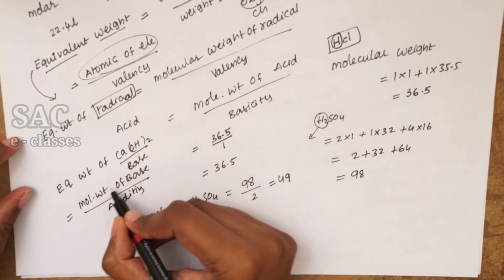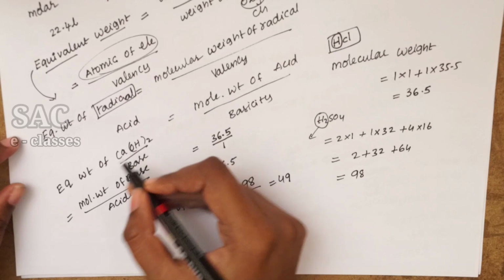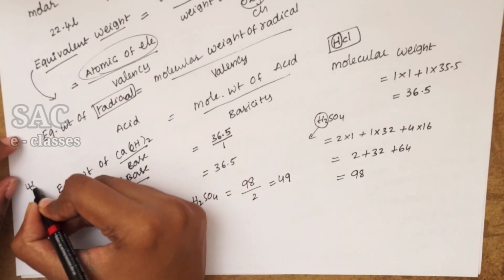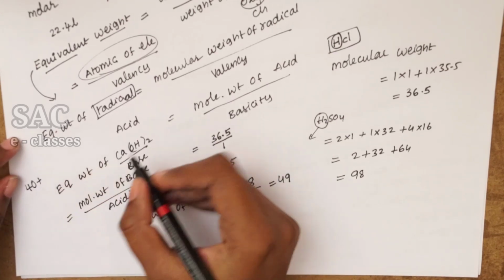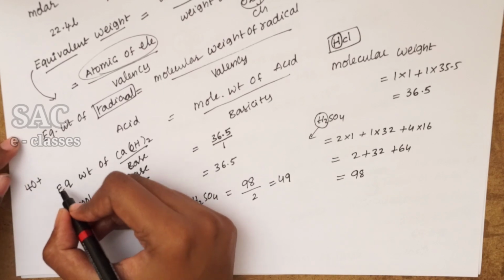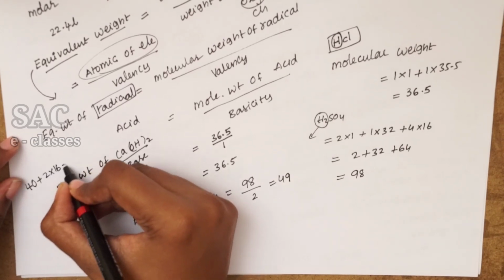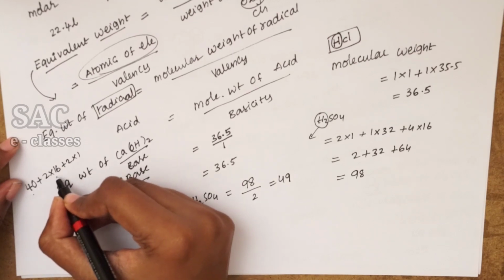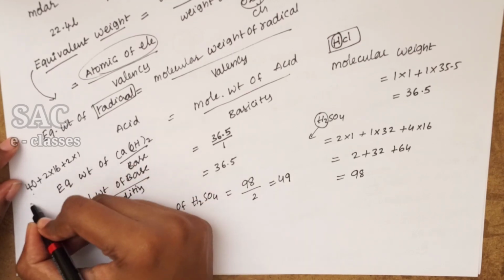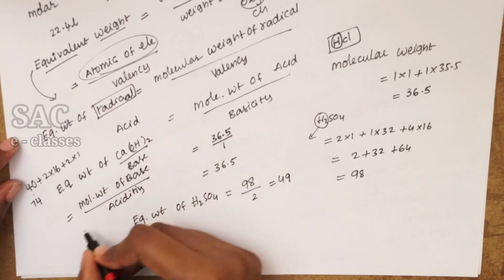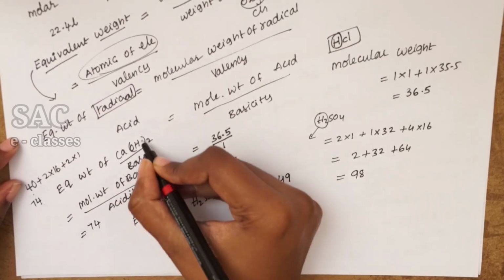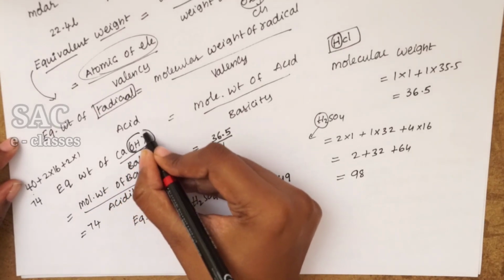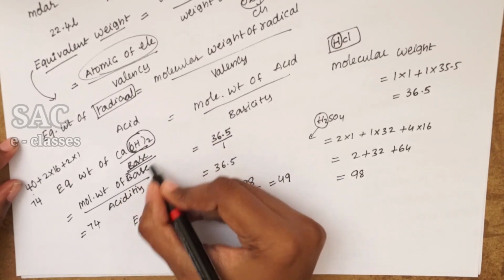What is the molecular weight of calcium hydroxide? We know calcium is 40, 2 hydrogens are there, 2 oxygens are there, so 2 into 16 plus 2 into 1 will give you 40 plus 32 plus 2, which is 74. 74 by how many hydroxide ions are there? That is called the acidity of the given base.